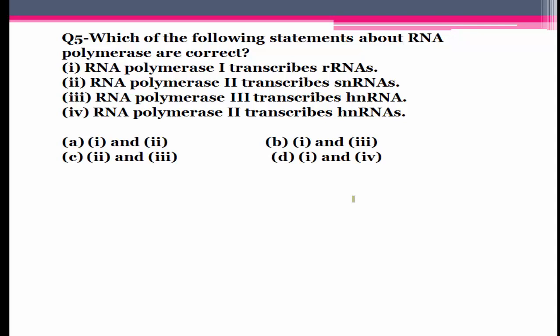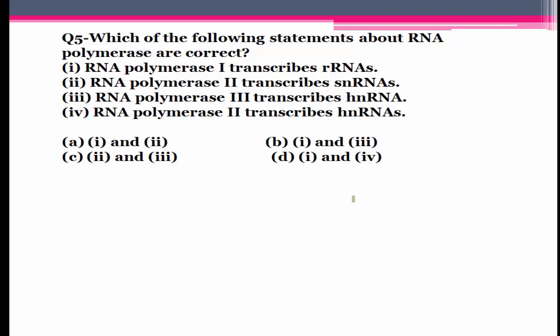RNA polymerase 2 transcribes snRNAs. Then RNA polymerase 3 transcribes hnRNA. RNA polymerase 2 transcribes hnRNAs. So, which statements are correct here?